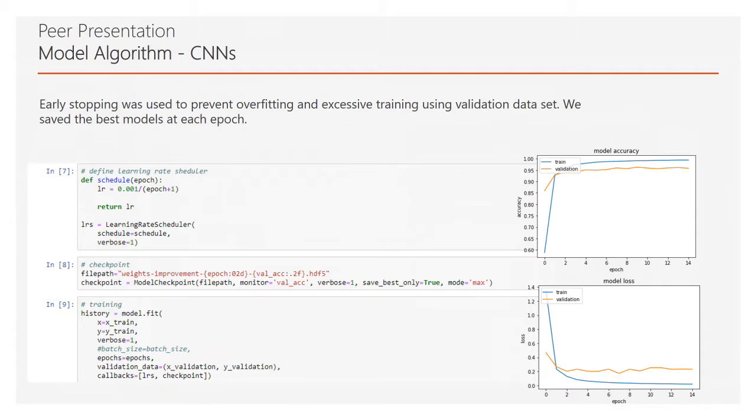Other technical decisions were reducing the learning rate at each epoch by using a learning rate scheduler, and also saving the weights at every epoch. As epochs increase, the performance on the training dataset always improves, but not necessarily for the validation dataset, as the model might overfit.